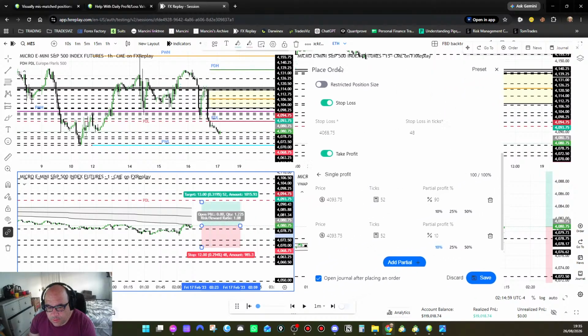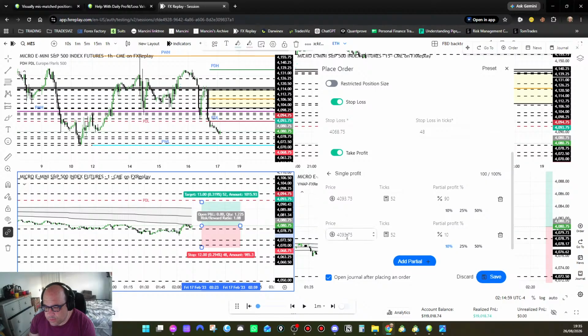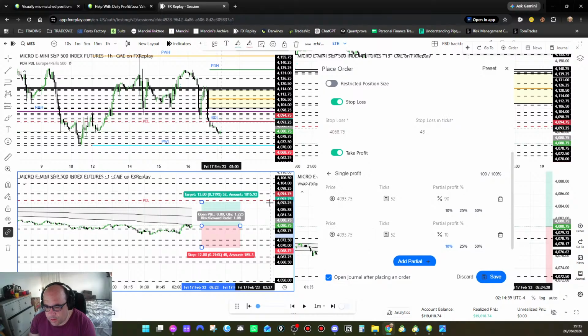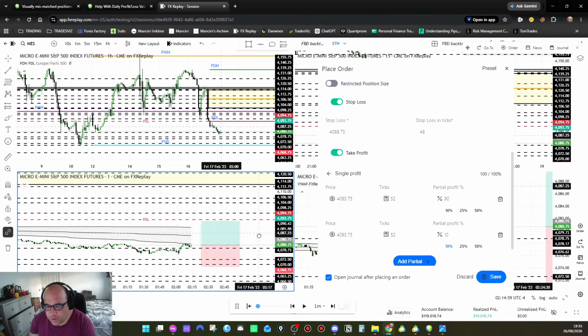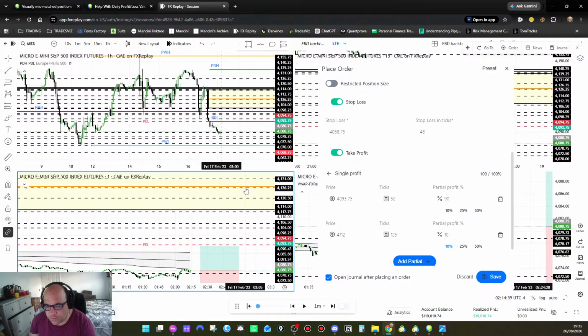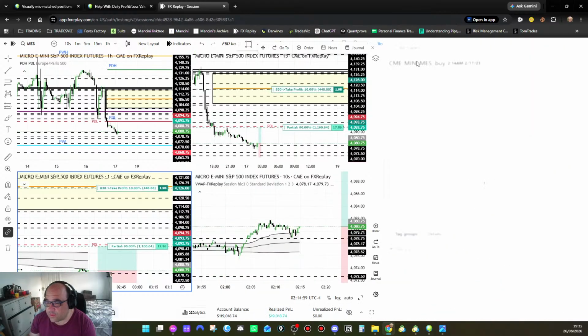So I would say 4093, stop loss at 46, and the price where we want the runner to be taken out is about this thing, 4112. And of course I'm going to trade, not 4112, this 4126. 4126. Then we're going to save it.